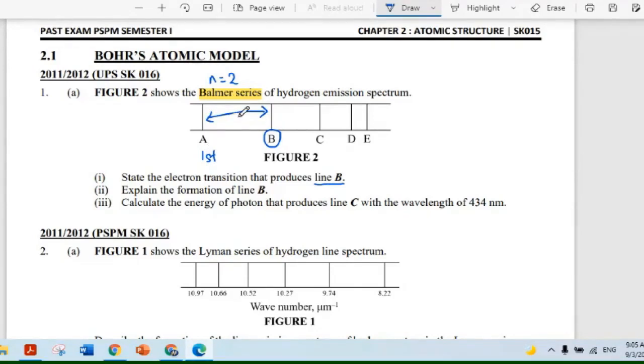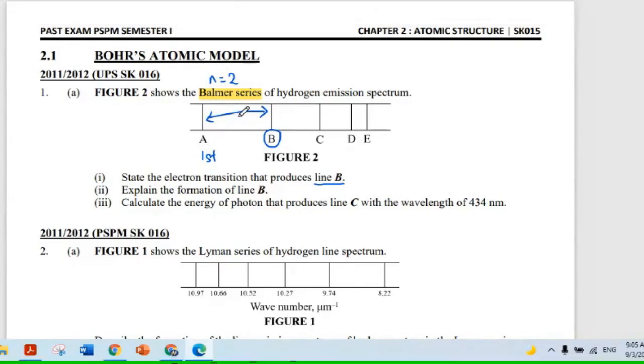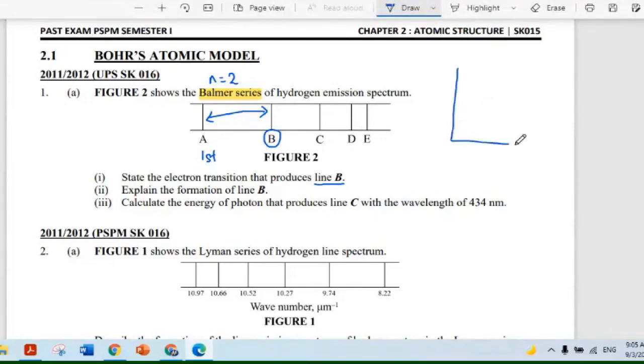Okay, if we check based on the energy level, so this is n equal to 2 because Balmer series, right? Yes. So the first, n equal to 2. So which one is the first line to form the Balmer series? This is n equal to 2. So this one n equal to 3. So this one n equal to 4. So which one is the first line?